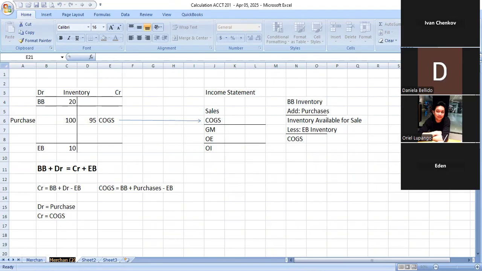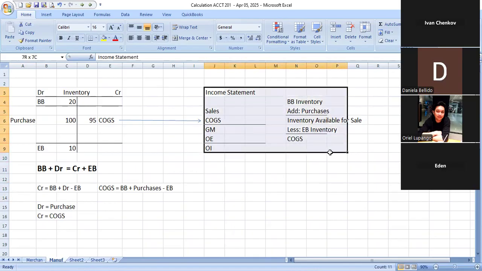It's called finished goods. So in order to sell what we want to sell, we have to produce it. Now the question is, how are we going to get cost of goods sold? Well, we have to make some adjustments.